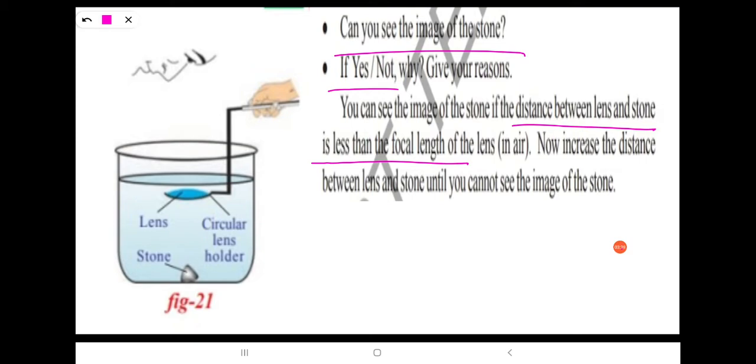So we see the image when the distance between lens and stone is less than the focal length of the lens. Now increase the distance between lens and stone until we cannot see the image of the stone.